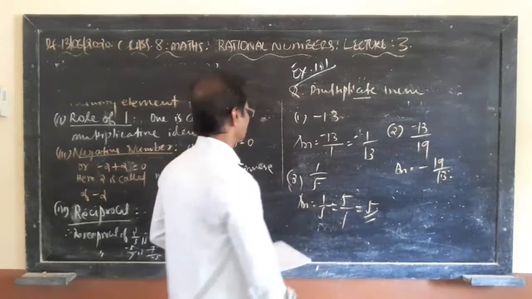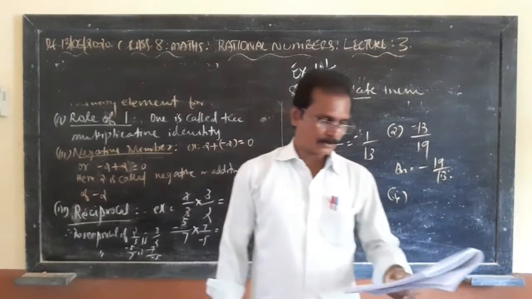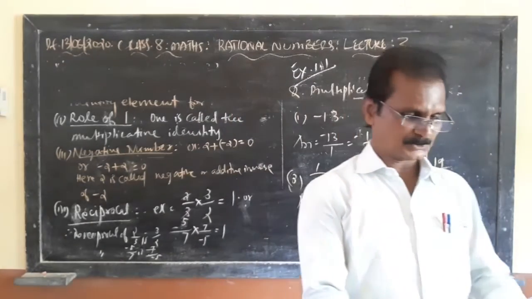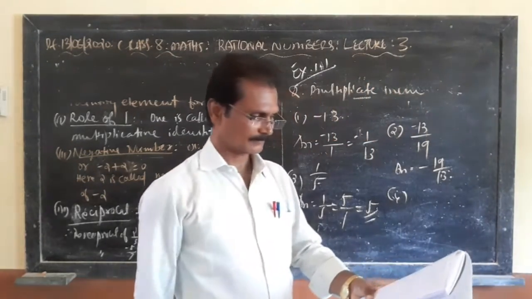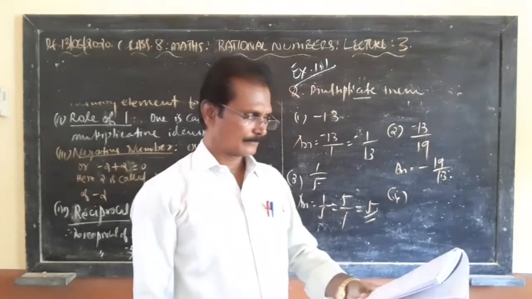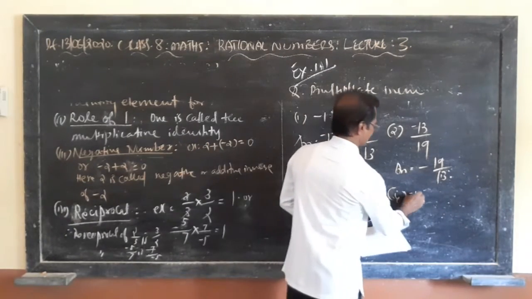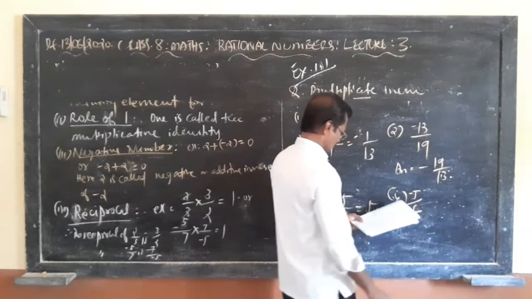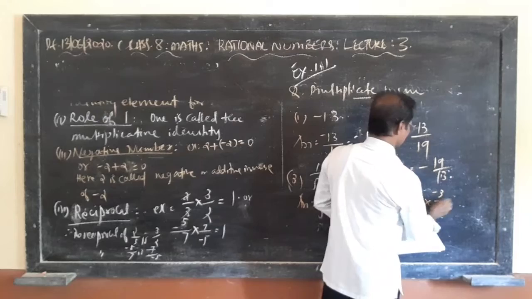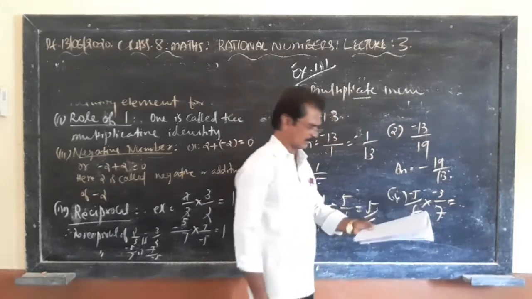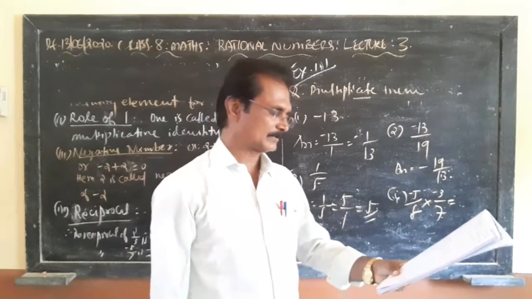Okay. Now the fourth question is minus 5 by 8 into minus 3 by 7.